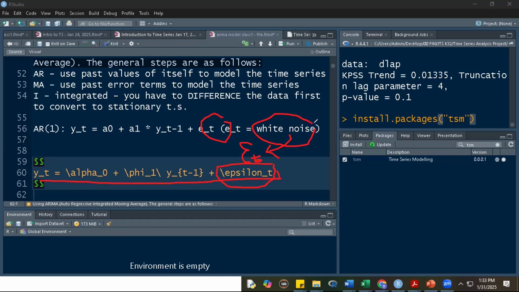That's why after you create your model, you don't stop there. You don't say that, oops, the model is finished, the model is created, we're done. No, we will have to assess. We will have to do what we call diagnostics and check if your epsilon sub t, your residuals, is white noise. If it's not white noise, if it has a trend, or if the variance is not constant, then our model is unsatisfactory.